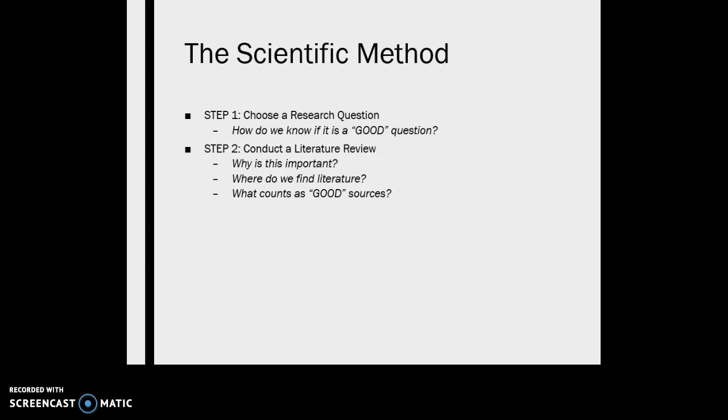The reason this is important is because we don't want to do the same things over and over again. While repeatability is important, research should also lead to advances in knowledge. It shouldn't just replicate what's been done before. I need to know what's been done already in order to know what still needs to be done.